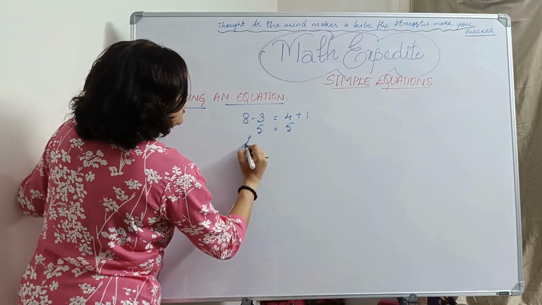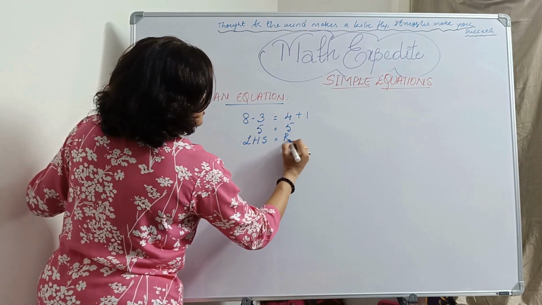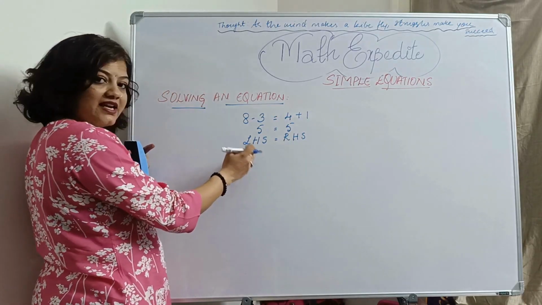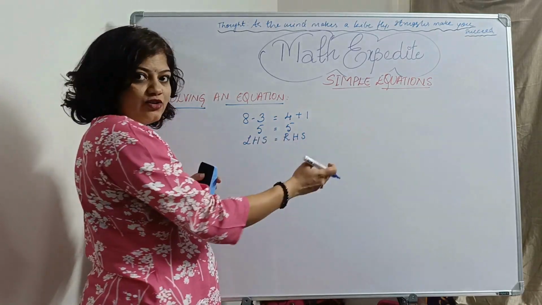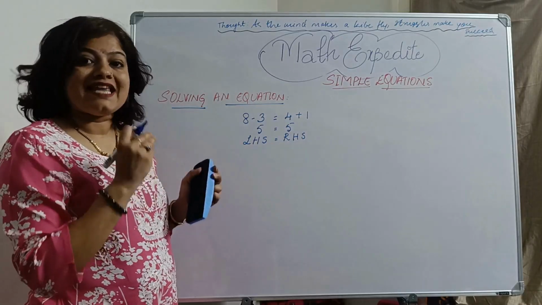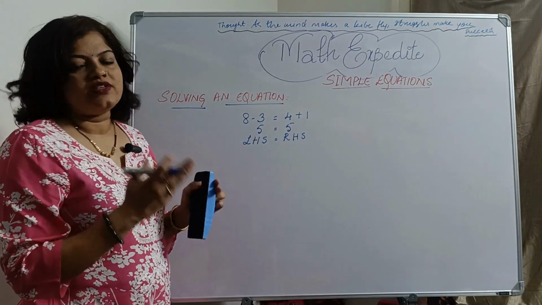So we all know that in an equality, LHS is equal to RHS. What does it mean? The left hand side of the equality sign is equal to the right hand side of the equality sign. Now let us add the same number on both the sides and see whether the equality holds or not.